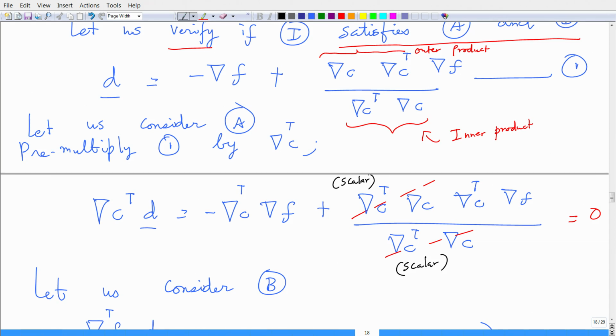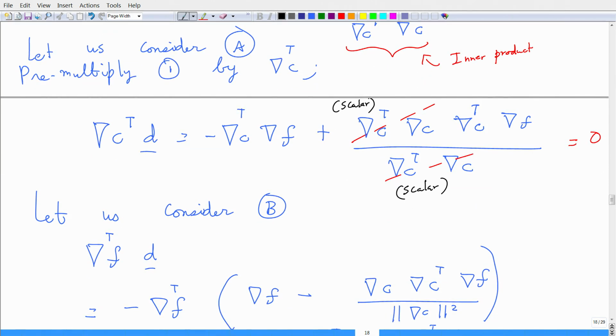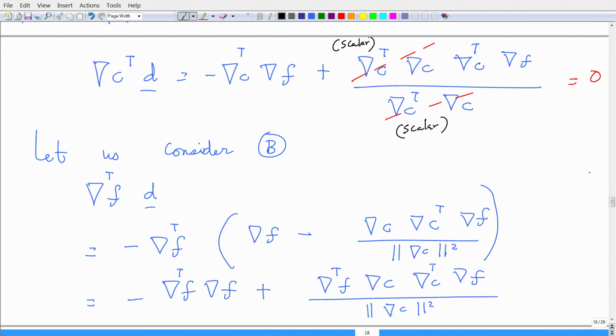So, they are scalars, I can pull them out. Therefore, what I land up with is minus del C transpose del F plus del C transpose del F, and this happens to be 0 trivially. Therefore, equation A is satisfied.